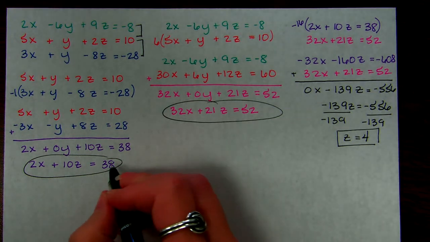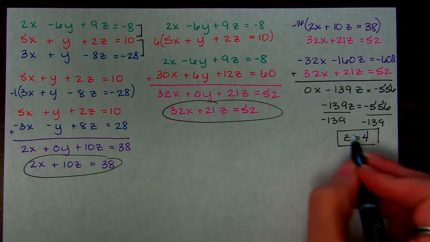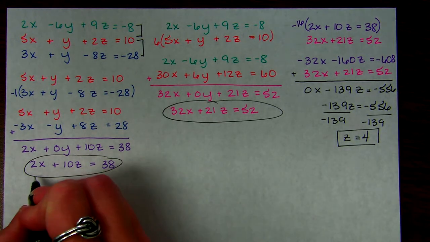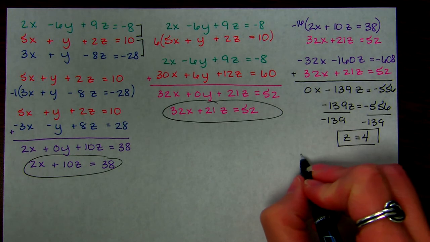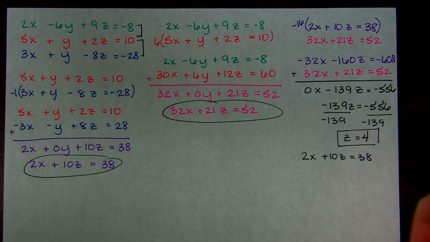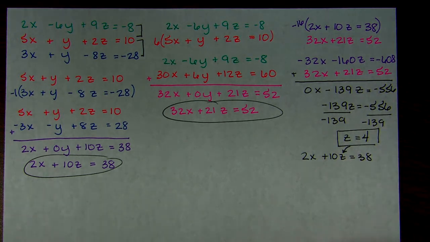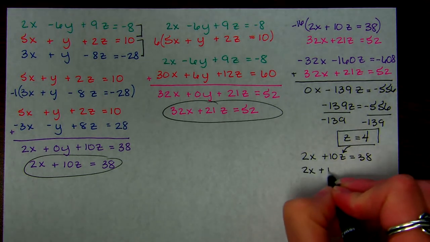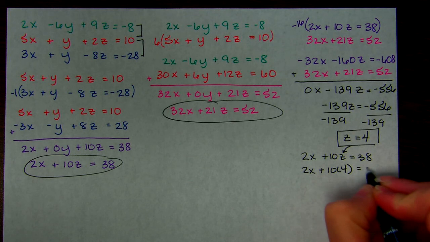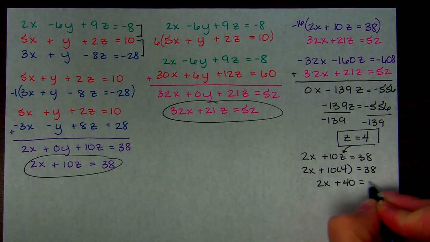So I'm going to use this equation right here, the 2x plus 10z equals 38, and I know that z is 4, so I'm going to use this equation to solve for x. So this is going to be 2x plus 10 times 4 is equal to 38. 2x plus 40 is equal to 38.